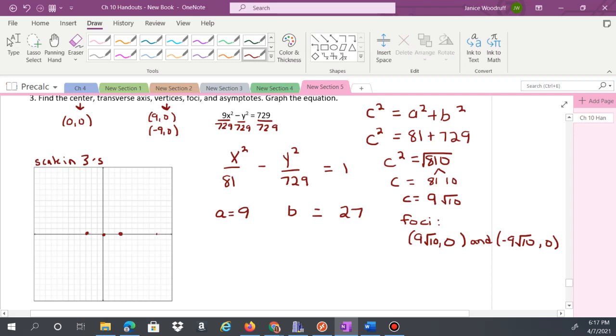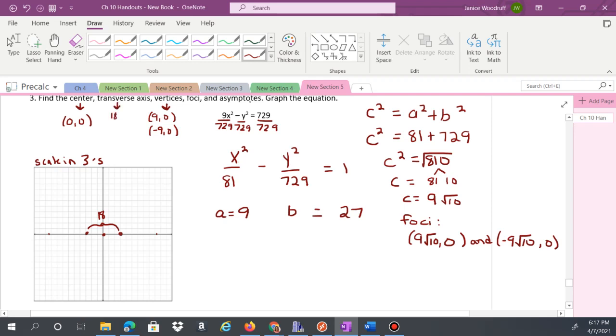So 3, 6, 9, 12, 15, 18, 21, 24, 27, 28, something like that. Okay, so we've got our foci. Transverse axis, we do have to answer that. Transverse axis is going to be this right here, this distance. Okay, remember we're in threes, so it's 9 plus 9, 18. Okay, so transverse axis is 18.